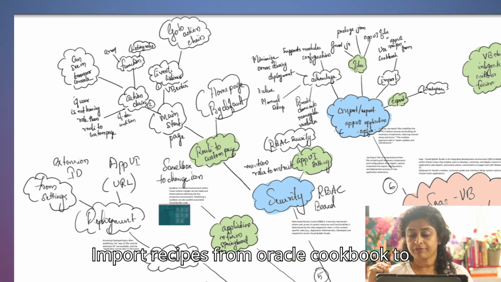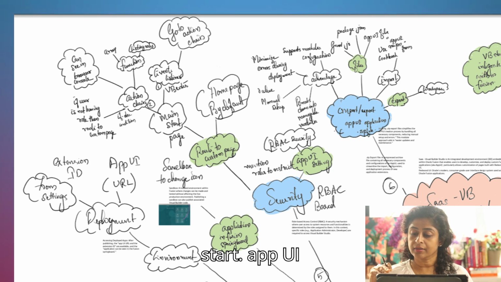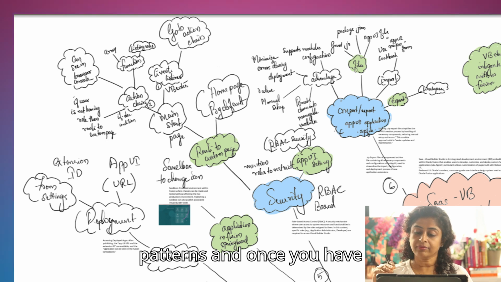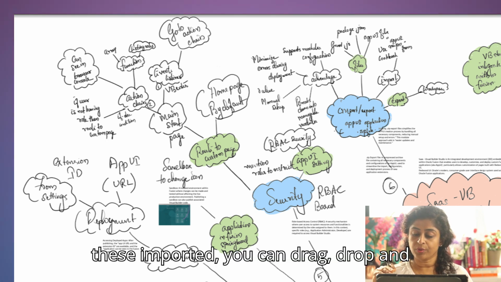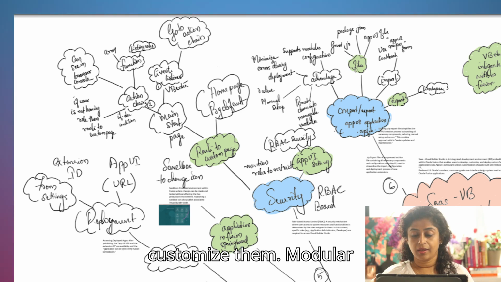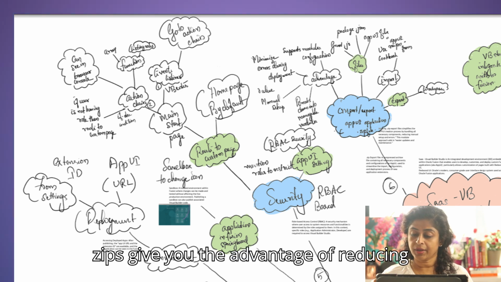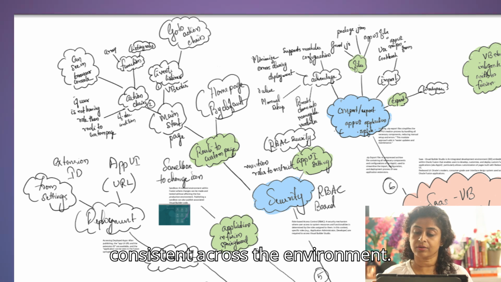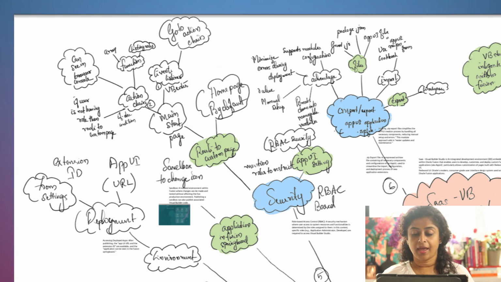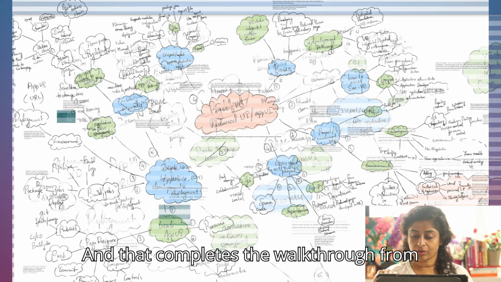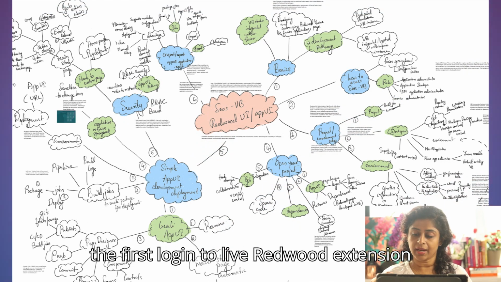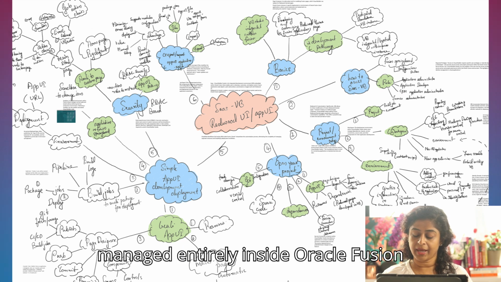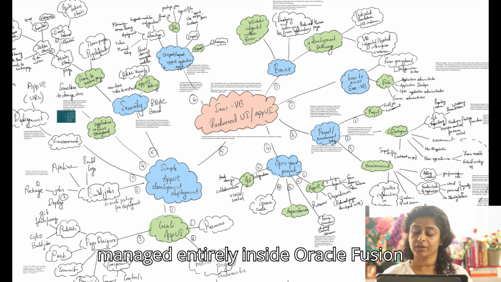Import recipes from Oracle Cookbook to start App UI patterns, and once you have these imported, you can drag, drop, and customize them. Modular zips give you the advantage of reducing manual setup and keeping deployments consistent across environments. And that completes the walkthrough from the first login to a live Redwood extension, managed entirely inside Oracle Fusion SaaS.